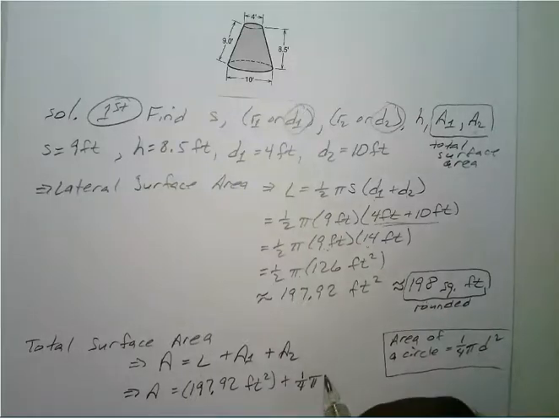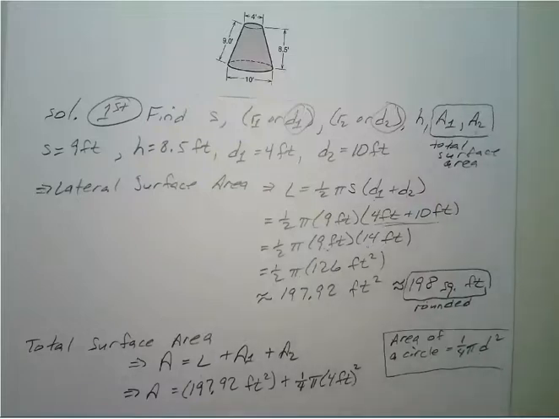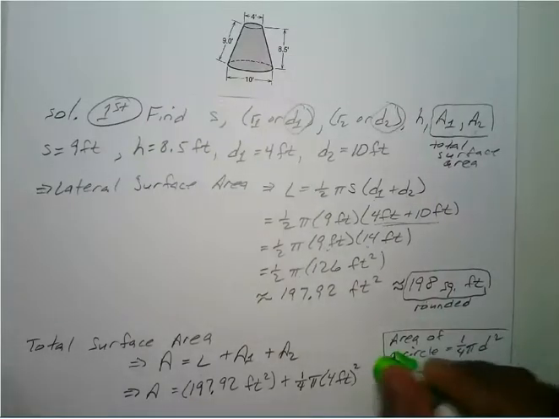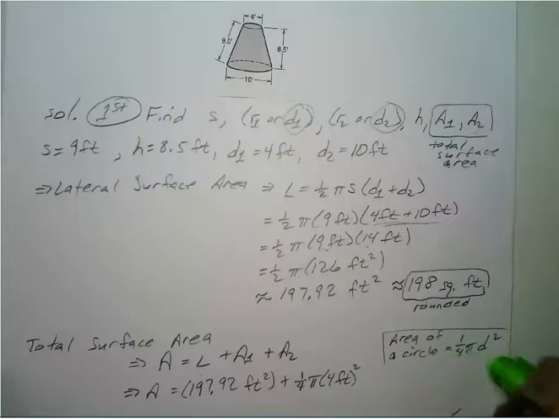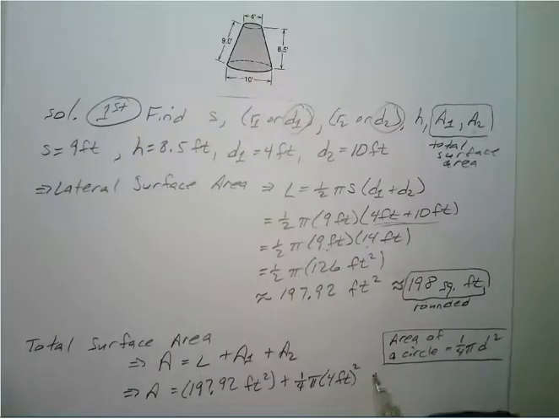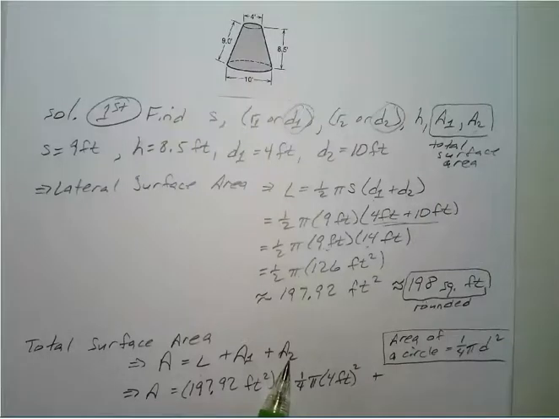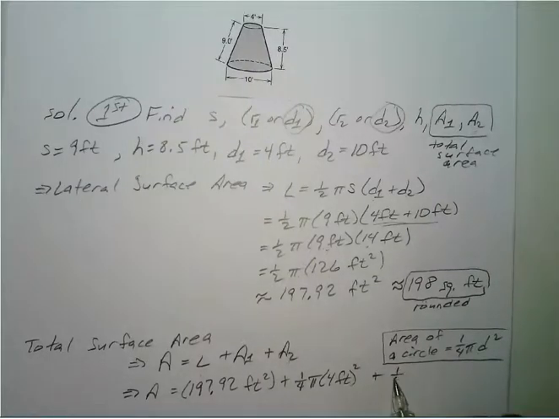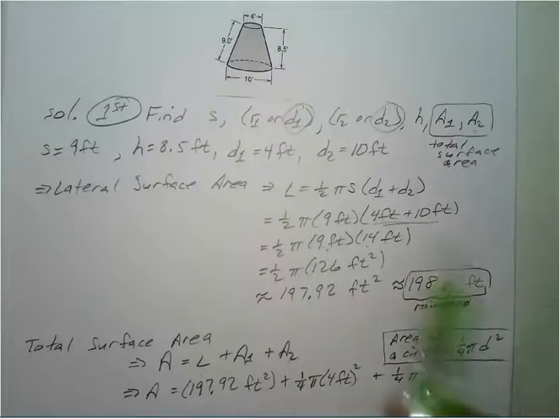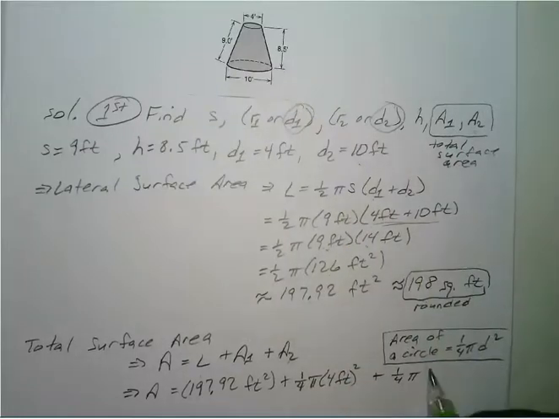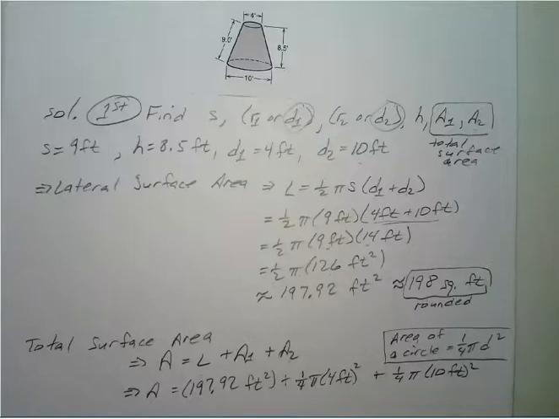So that's 4 feet squared. Plus our lower diameter area, which is 1/4 pi times 10 feet squared. Now, if you wanted, you could have figured these out on the side and then plug them in. It's completely up to you.